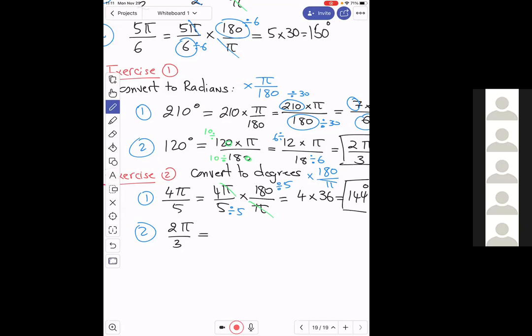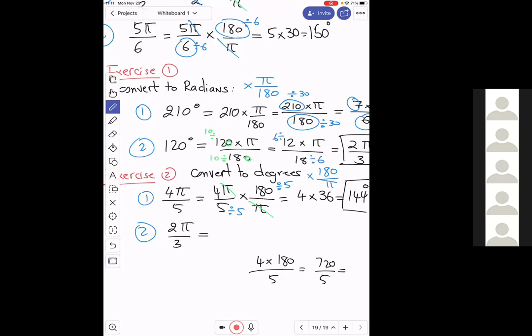Or of course you can multiply the 4 by 180. 4 times 180 is 720 over 5, and then you divide 720 by 5. We can use the calculator, but we are trying to avoid using calculators.